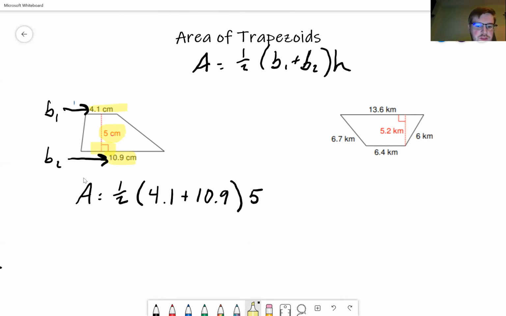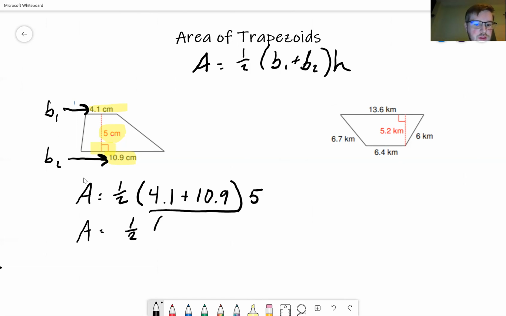Now, since we have this set of parentheses here, order of operations tells me I need to do that first, or I could distribute the half. I just find it easier to do what's in the parentheses first. So I've got here 1/10 and 9/10. That makes a whole. 4 plus 1 gives me 5. 5 plus 10 gives me 15.